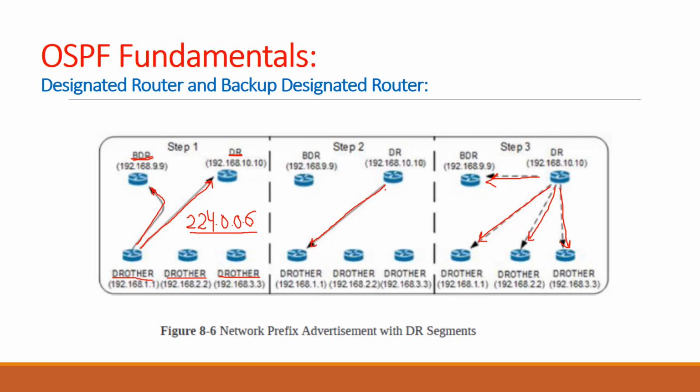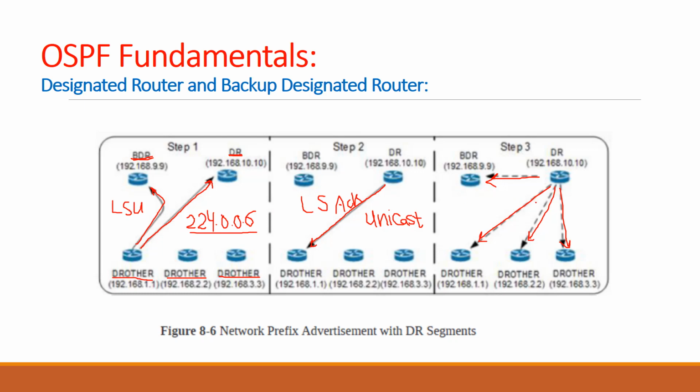The acknowledgement from the DR to the DR other will be unicast. This is the acknowledgement, or else link state acknowledgement. This is the link state update, and this is the link state ACK.